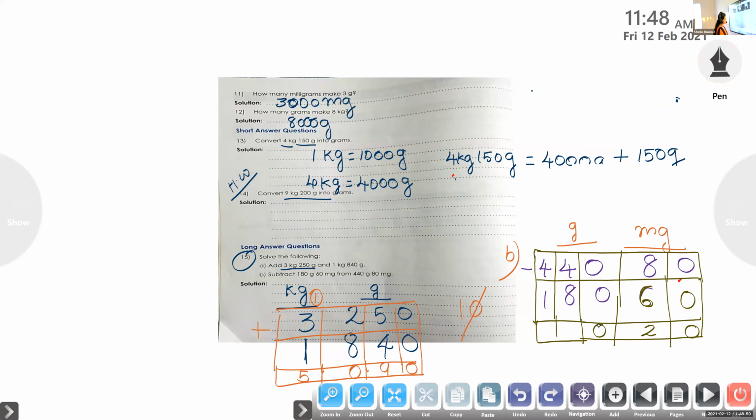We have to borrow. Borrow from this 4. 4 will become 4 minus 1, 3. And this 4 will become 14. 14 minus 8.